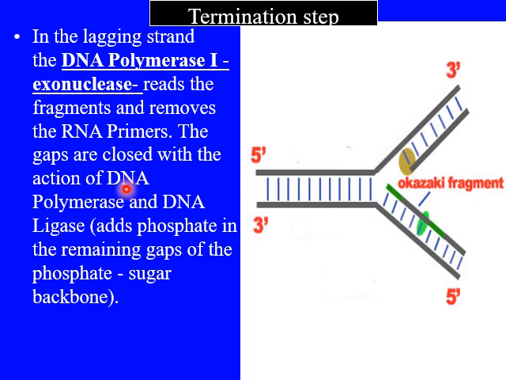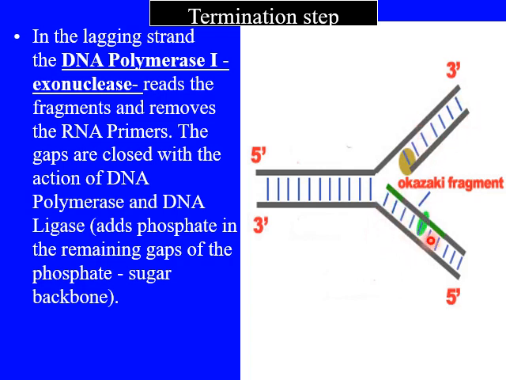And for all the lagging strands, the gaps are closed with the action of DNA polymerase. And the DNA ligase begins to add them together and joins everything together, and they form a straight sequence.